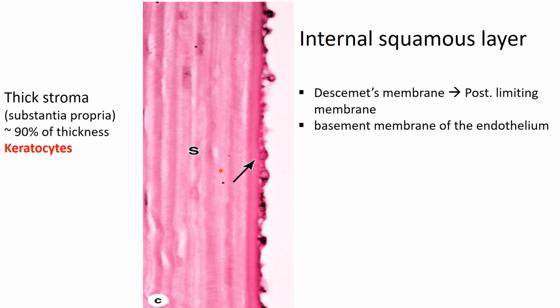Between the collagen lamellae we can locate these flattened cells, and these are the keratocytes. They are fibroblast-like cells with their cytoplasmic extensions between these collagen lamellae.